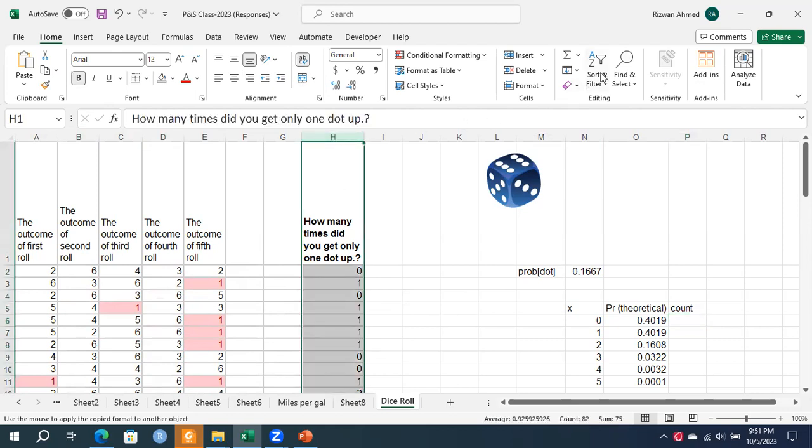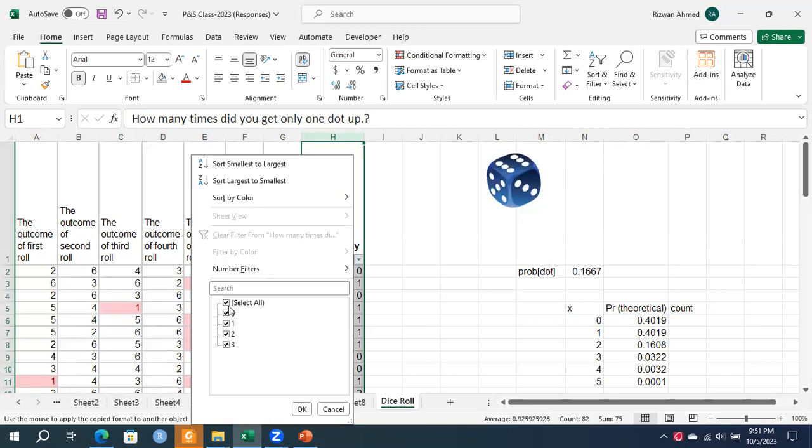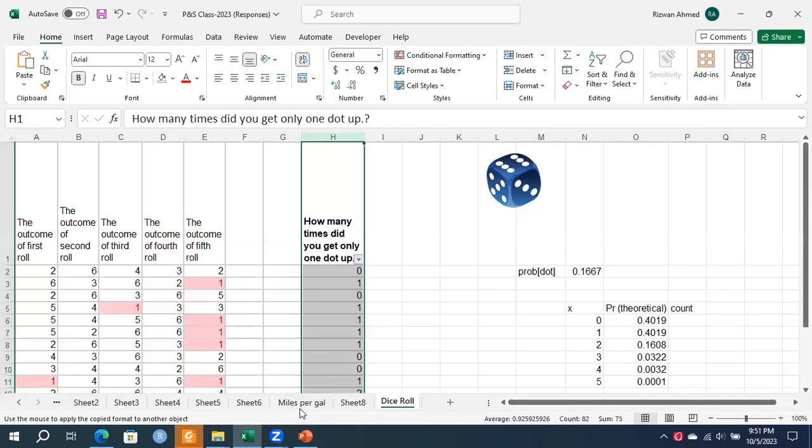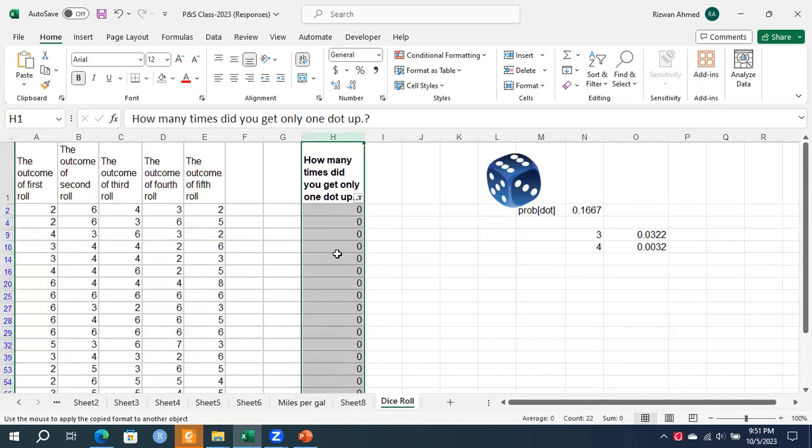So here I apply the filter, and filter values where I didn't get any one dot. Okay, so all zeros and not a single one is highlighted.